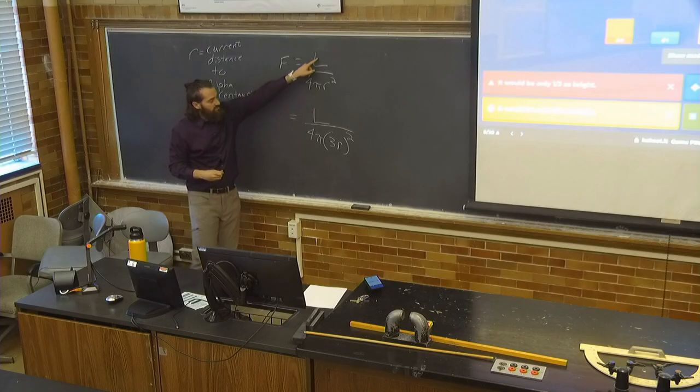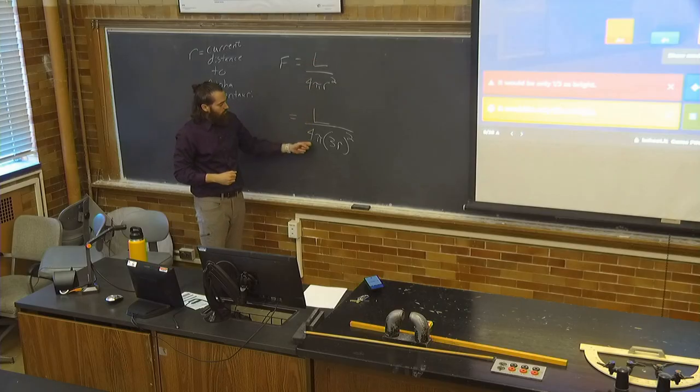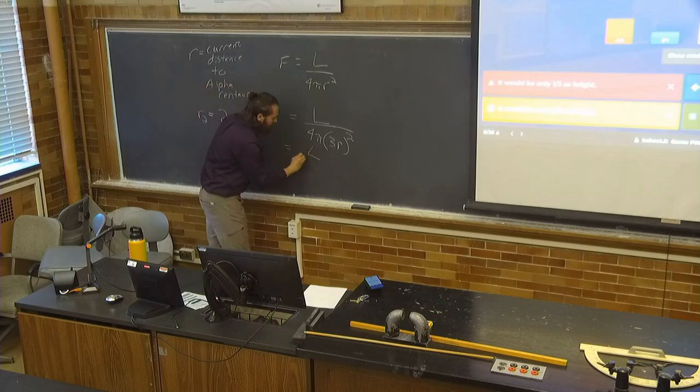So the luminosity stays the same. 4 pi is just a constant. And then the only thing that's changing is we're multiplying our radius by 3. So now we get L over 4 pi, 3 squared is 9, and then r squared is r squared.